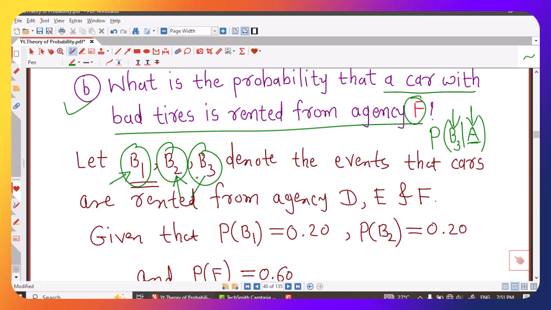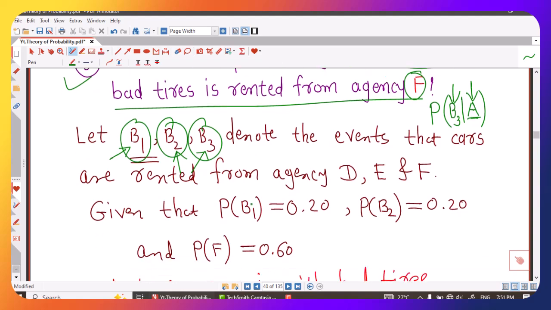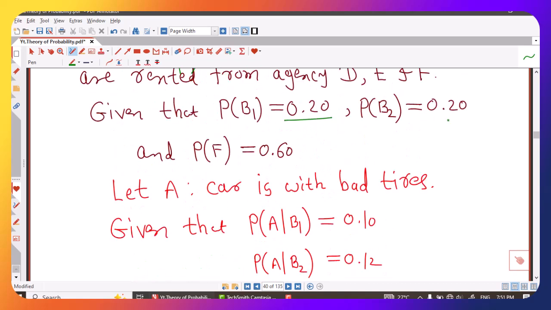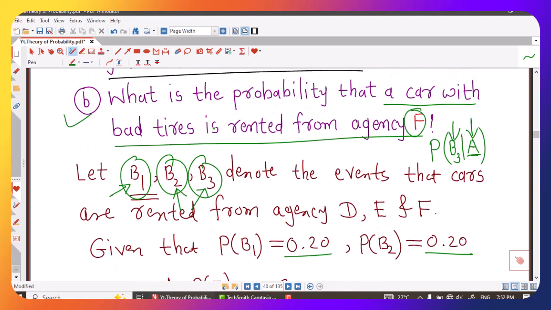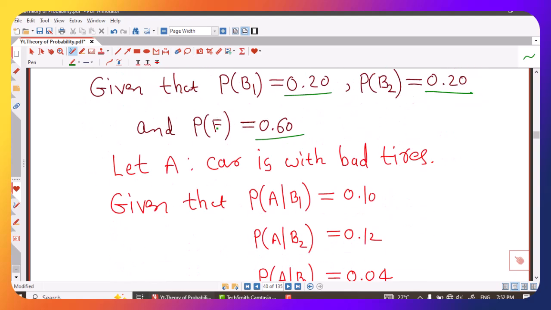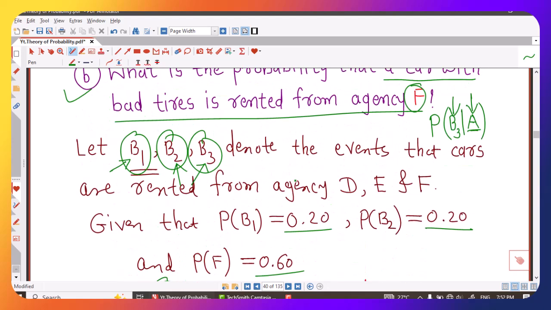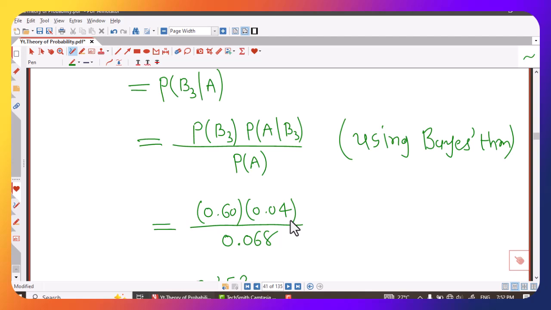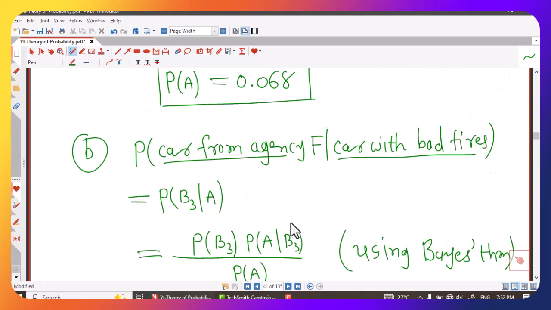They are considering cars on rent from agency F, agency E and agency D, and we can see that the percentage of cars from different agencies adds up to 100%. Therefore, we consider B1, B2, B3 as mutually exclusive events for this problem, and then we consider a car with bad tires as event A, and then we write down whatever is given in terms of the notation of Bayes theorem, and we are able to solve this problem using the total probability rule as well as Bayes theorem.